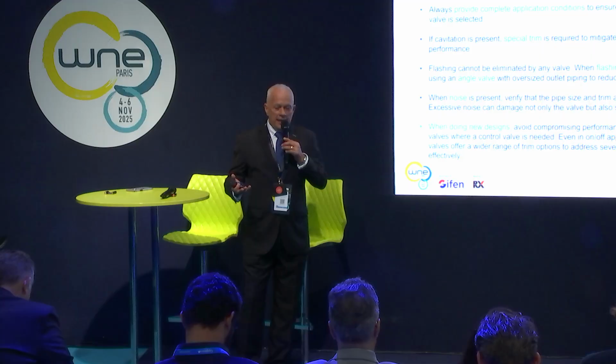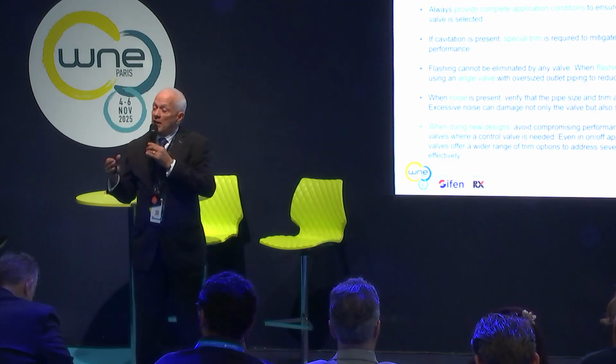You know, and I get it, on-off valves are cheaper, and it's very appropriate in a lot of applications. But if you have some of these severe service phenomena that I talked about today, even if it's an on-off application, only a control valve can offer you the versatility and trim selection to control all these severe service phenomena that you see in power plants today.